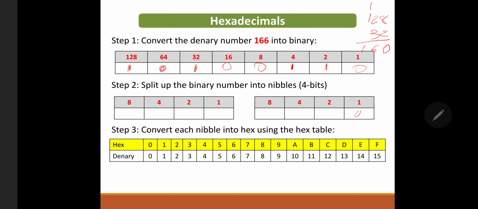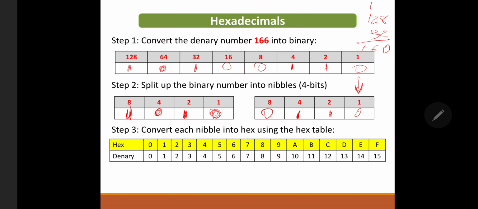So we're going to separate it into its nibble value. It's the same numbers I'm writing, starting from the right side. And then on this side, we're going to do the same thing. So it's 1, and then 0, and then 1, and then 0.